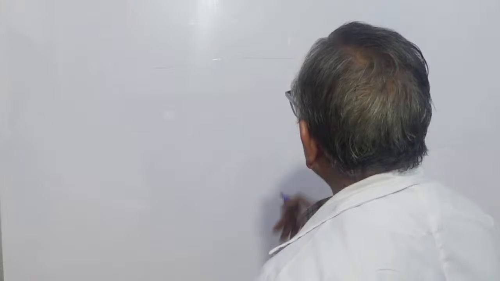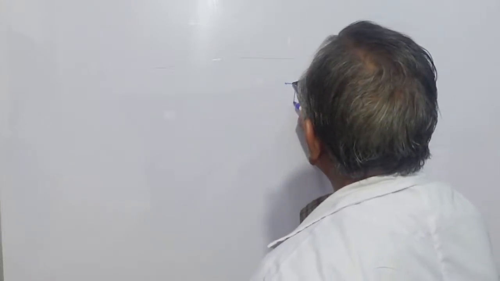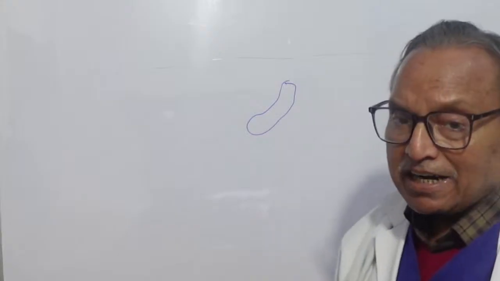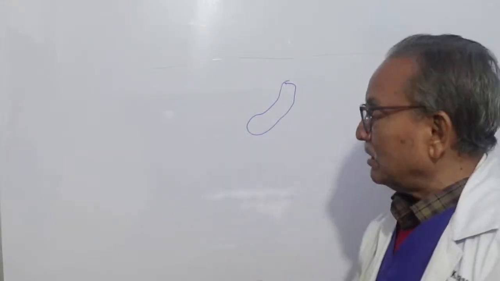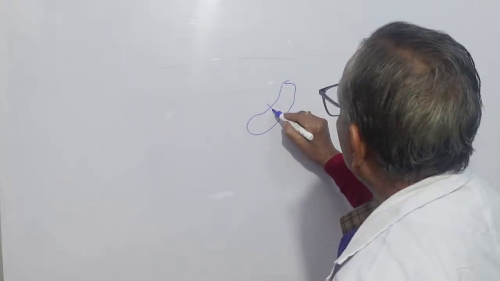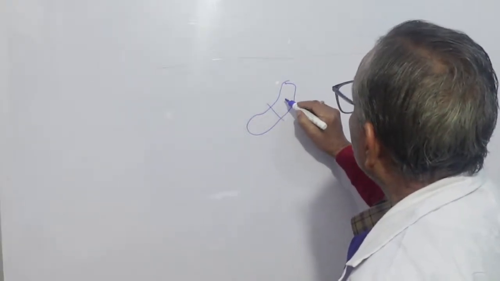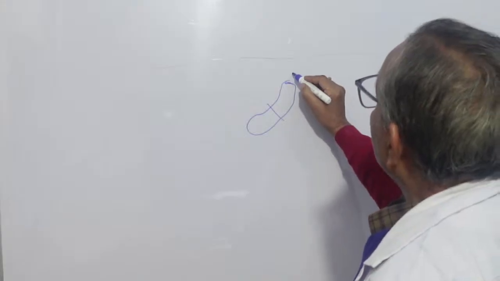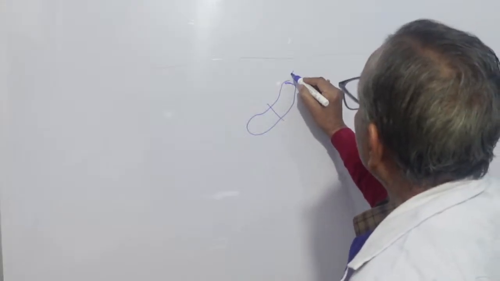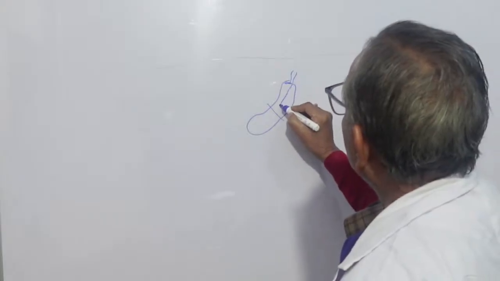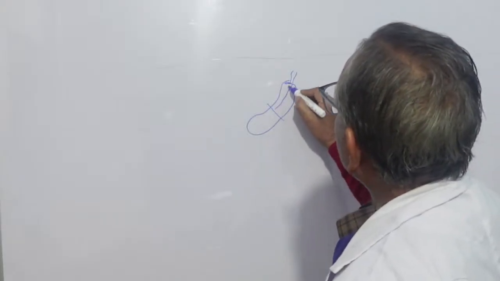The most important bone to be fractured is scaphoid, which is boat shaped, and usually the fracture develops at the waist of the boat. The important thing to know is that scaphoid gets its circulation from distal to proximal.